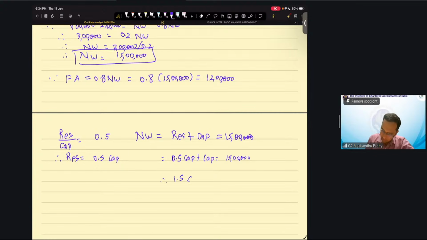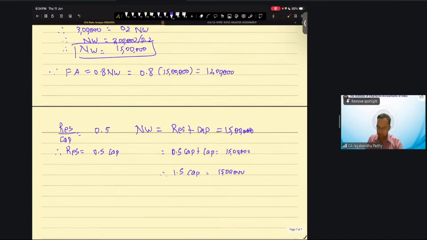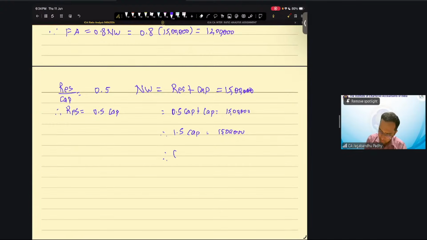So we have 1.5 times of capital as 15 lakh. And therefore we get the capital figure as 15 lakh divided by 1.5, which is 10 lakh.